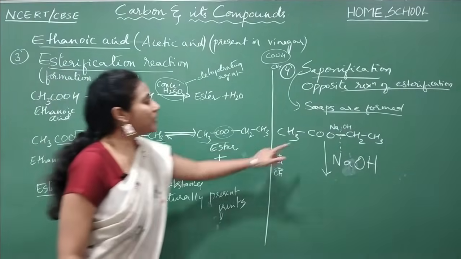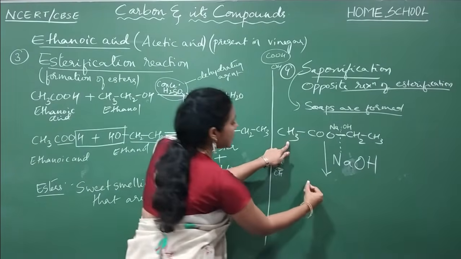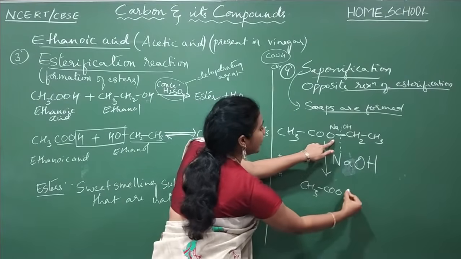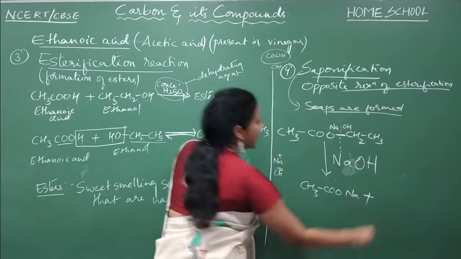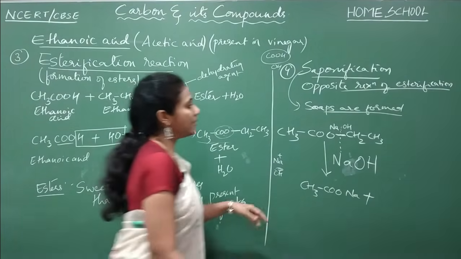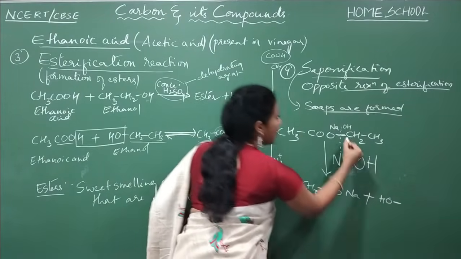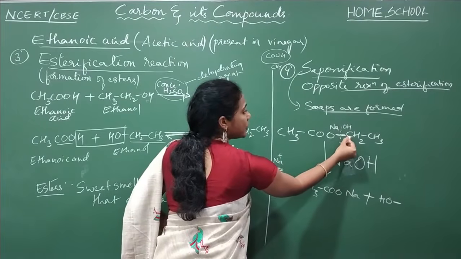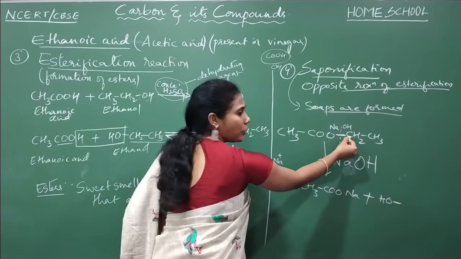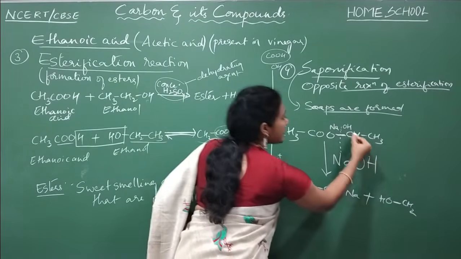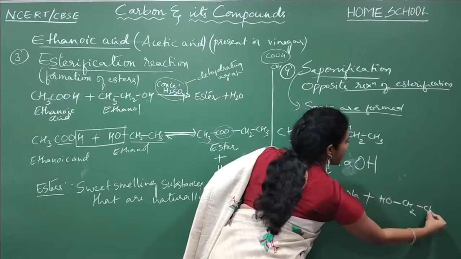Okay, so if that happens, what do you get, guys? CH3 COONa is one product you will get. What is another product? OH attaches to this carbon with a bond, so OH and CH2 CH3.